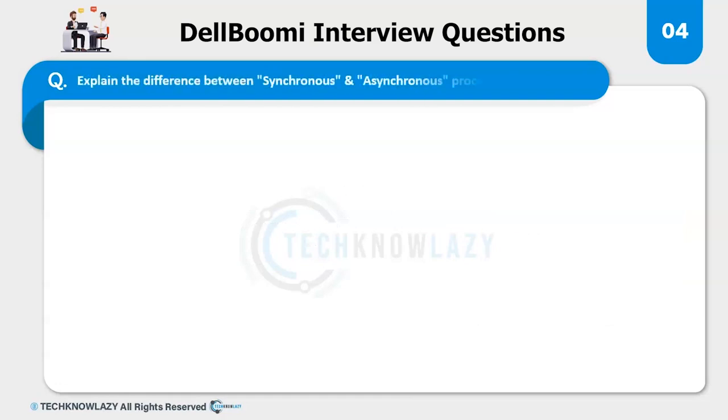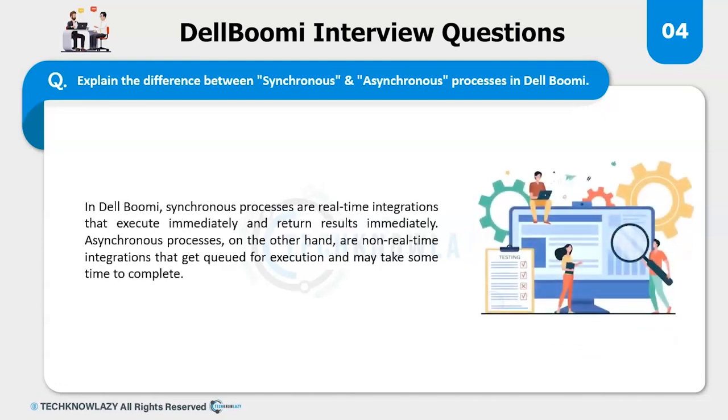Now, the fourth question. Explain the difference between synchronous and asynchronous process in Dell Boomi. So far we discussed how to create a process. Now we will be discussing the differences between the two different types of process, that is synchronous and asynchronous. The answer for this question is, in Dell Boomi, synchronous processes are real-time integrations that execute immediately and return results immediately.